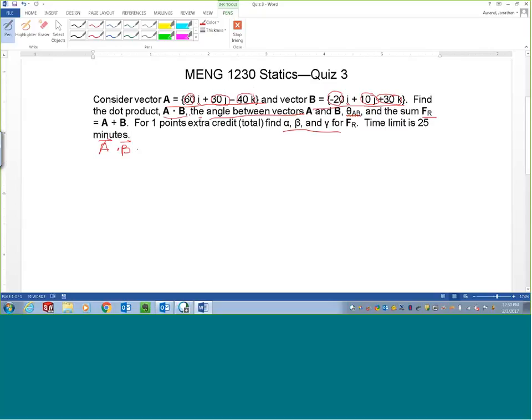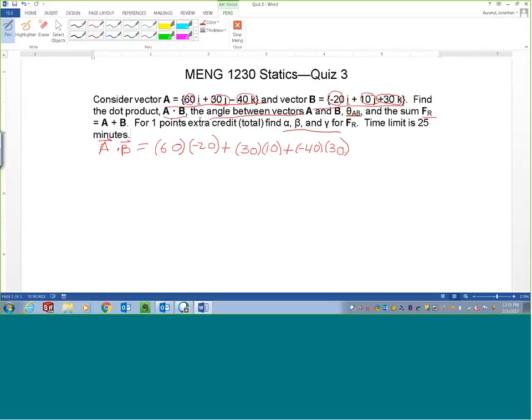Taking the I components, we're going to have 60, I'm just going to put in parentheses to make sure everybody can see, 60 times negative 20 plus, we have here 30J on A times 10J on B plus negative 40 times 30 on K. We don't have any vectors I, J, K in here. This is just a product of those things.